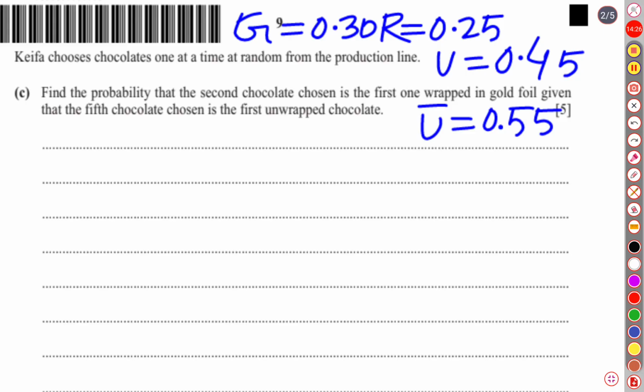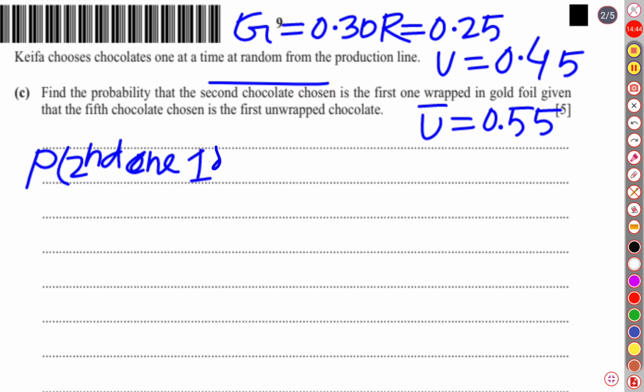Okay, let us write. They have told us to find the probability that the second chocolate chosen is the first gold for the first time. Probability of the second one being the first gold.